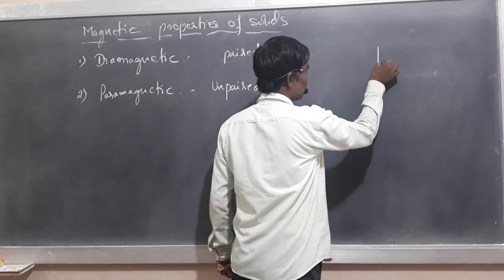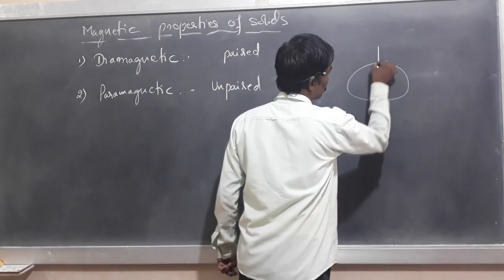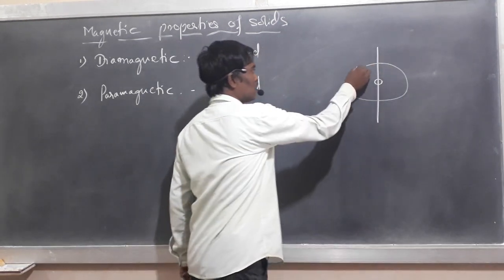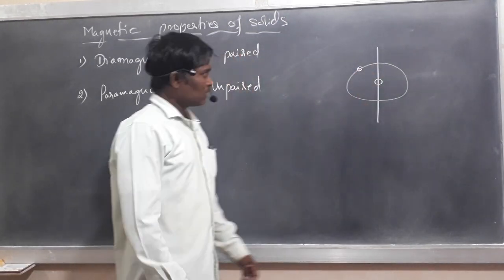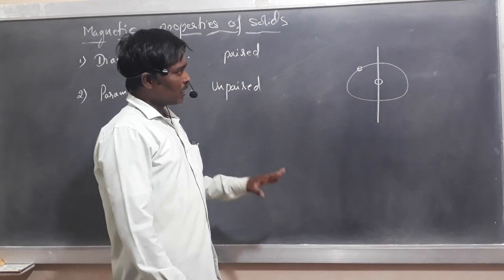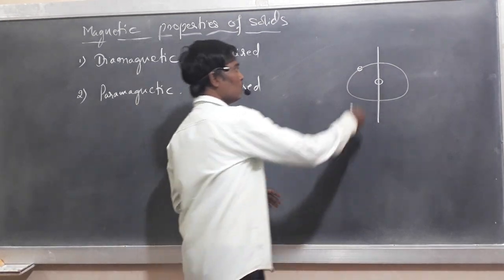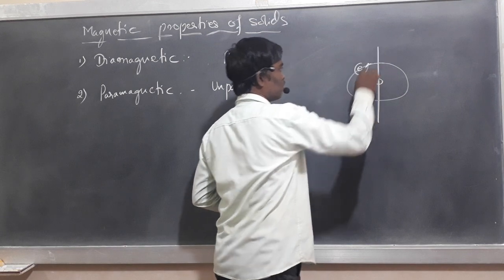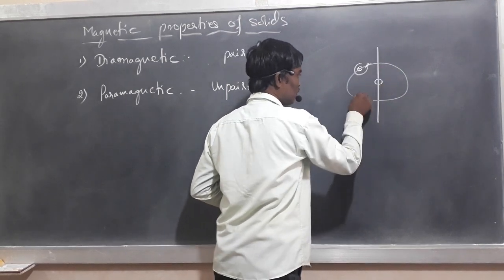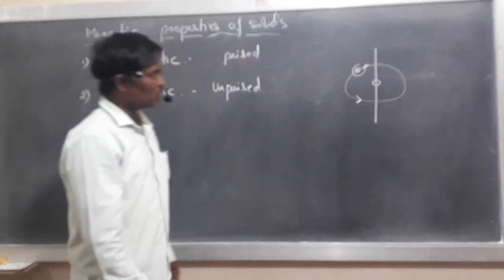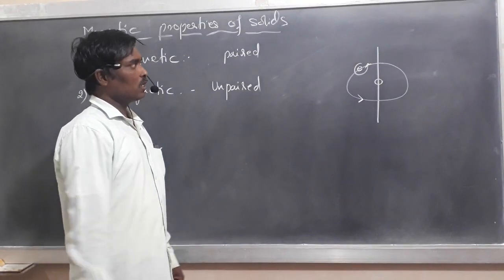The electrons are revolving around this nucleus, and simultaneously the electrons are revolving around their own axis.